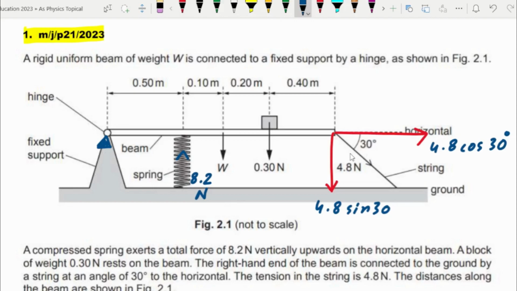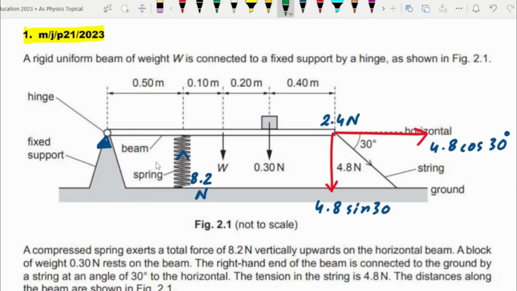We will consider only the component of that force which is perpendicular to the distance from the pivot. We calculated this one, it was 2.4. So we can use the force 2.4 Newton downward straight away.